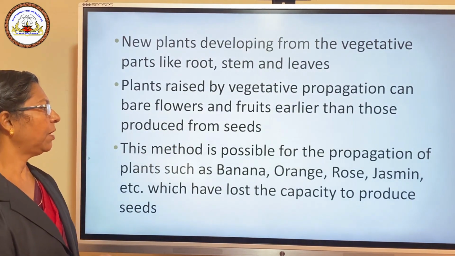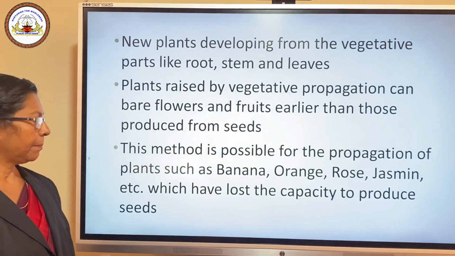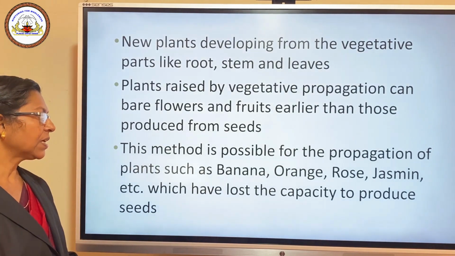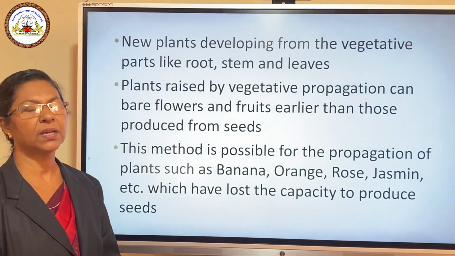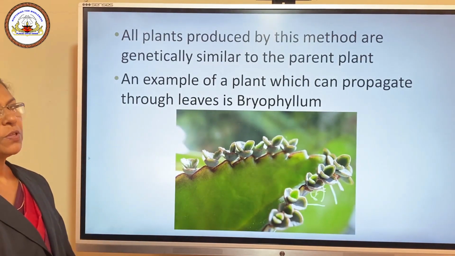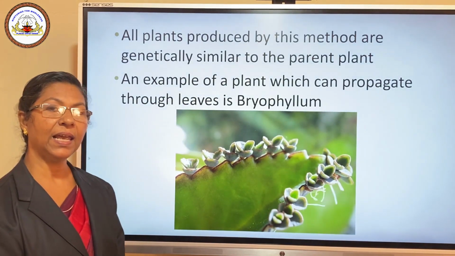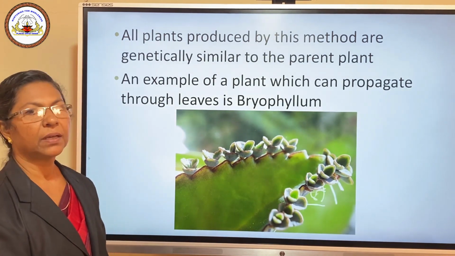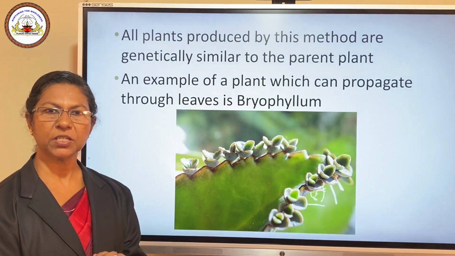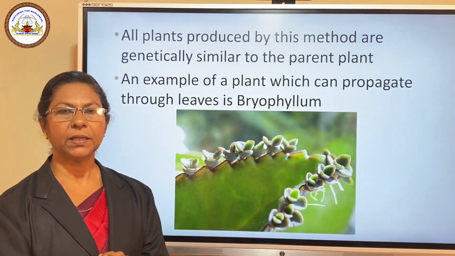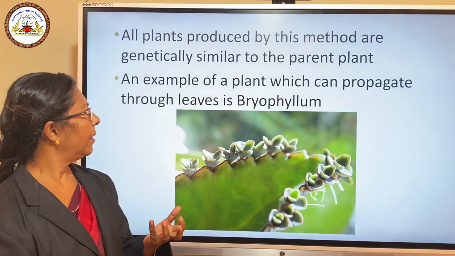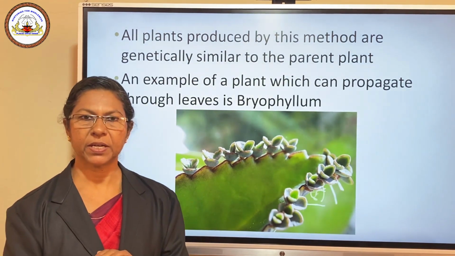This method is possible for the propagation of plants such as banana, orange, rose, jasmine, etc., which have lost the capacity to produce seeds. And the third advantage is that the plants produced by this method are genetically similar to the parent plant. So these are the advantages of vegetative propagation.